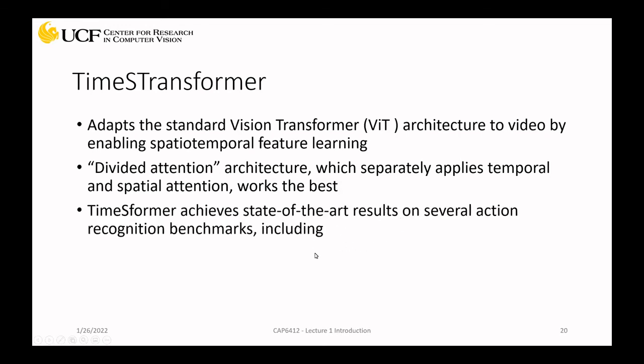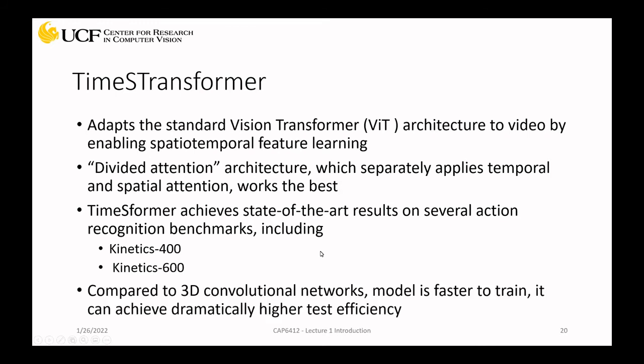It gives state-of-the-art results on several benchmarks, including Kinetics-400 and Kinetics-600, and compared to 3D convolution, it's faster to train, and it can achieve dramatically higher test efficiency. Okay, so these are the data sets for action recognition. There's a build-up after UCF-101. They came up with this, which is a larger data set than UCF-101.